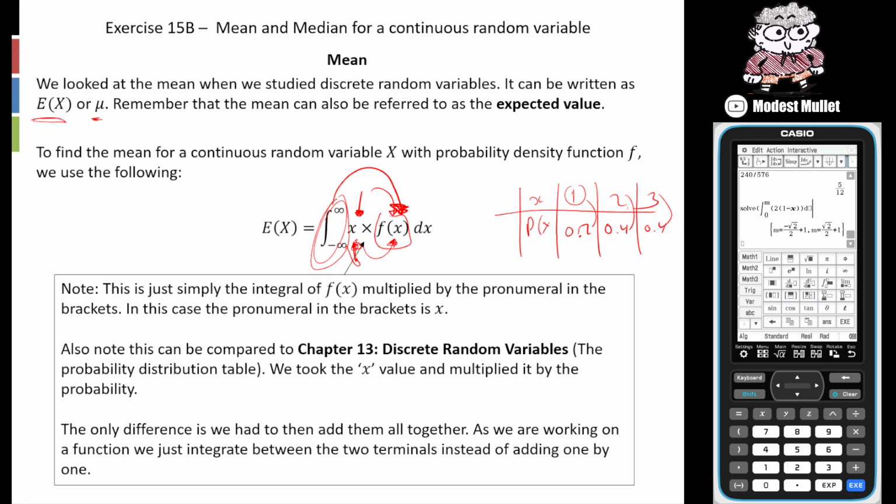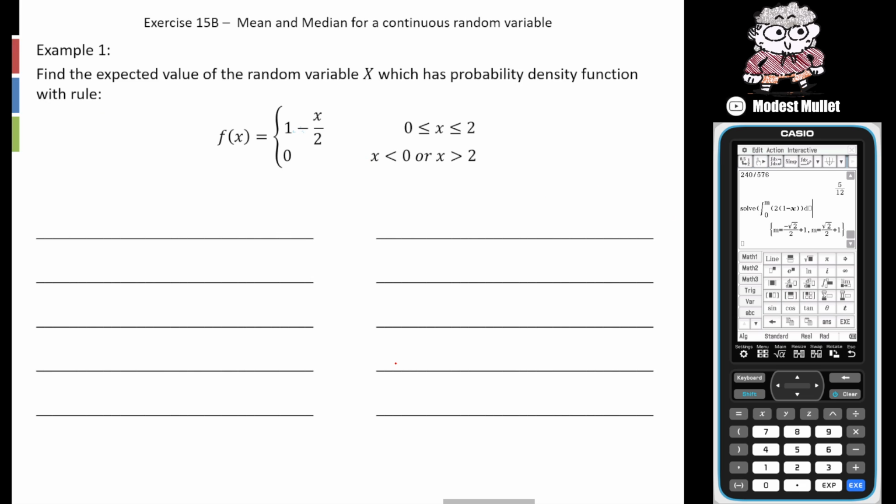So it's exactly the same. It's x by f of x and just an integral from the left bound to the right bound, which could always be written as negative infinity to positive infinity, but a lot of our problems will have a restricted domain that just simplifies it down.